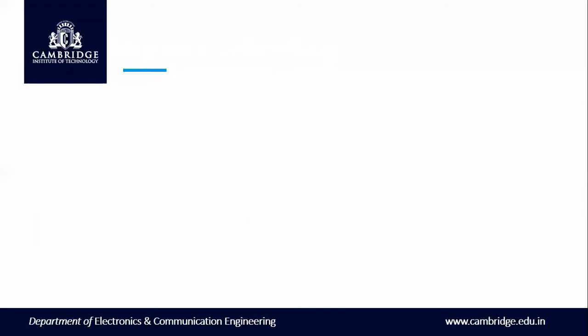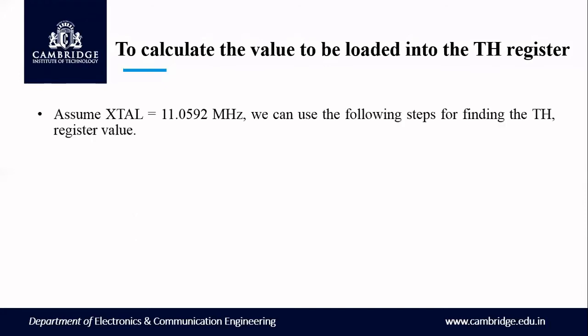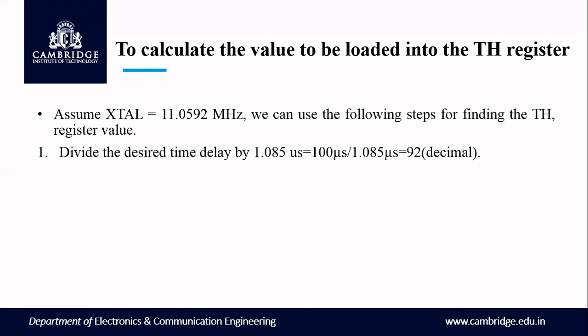Before that, we need to understand how to calculate the value to be loaded into the TH register. For example, I want to generate a 100 microsecond delay. Let us assume the crystal oscillator frequency is 11.0592 megahertz. You know how to convert that into a timer frequency and timer period. With this frequency, we get 1.085 microseconds as the timer time period.